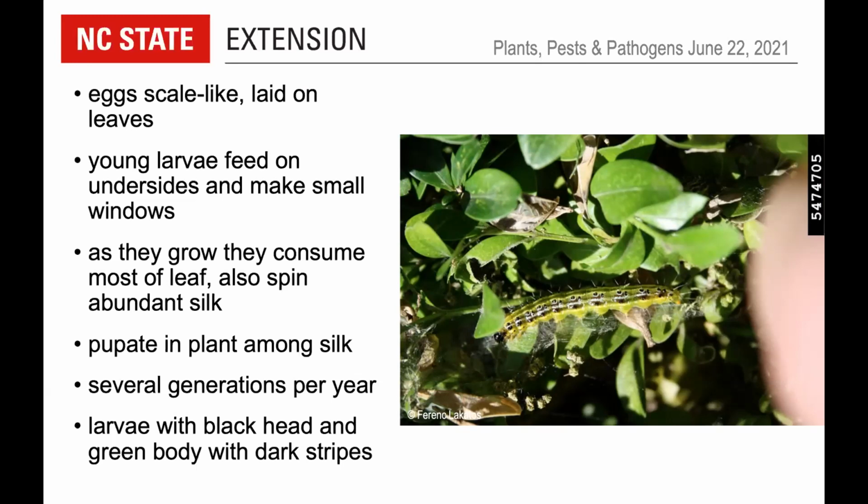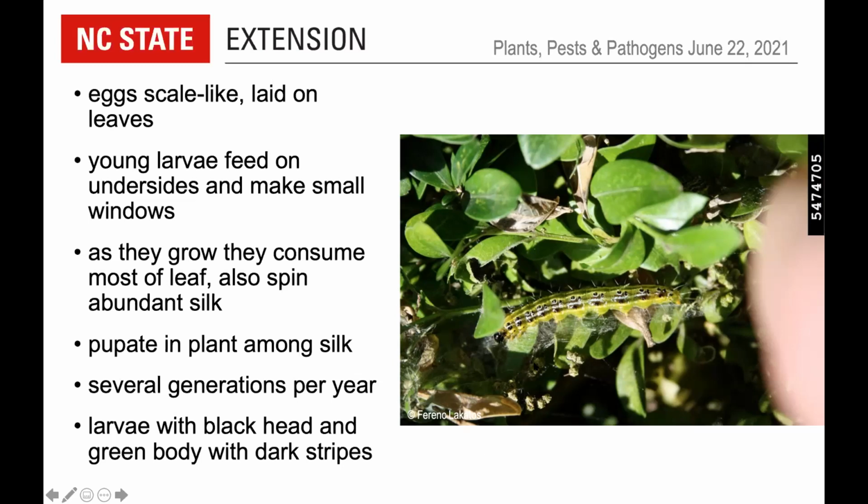The young larvae feed on the undersides and make small windows. As they grow, they consume most of the leaf except for the midrib and sometimes the edges that are a little thicker, as you'll see in a second, and spin a lot of silk. So the plants will be covered with lots of silk and dead and chewed out leaves. They pupate in the plant among the silk, and there are several generations per year.